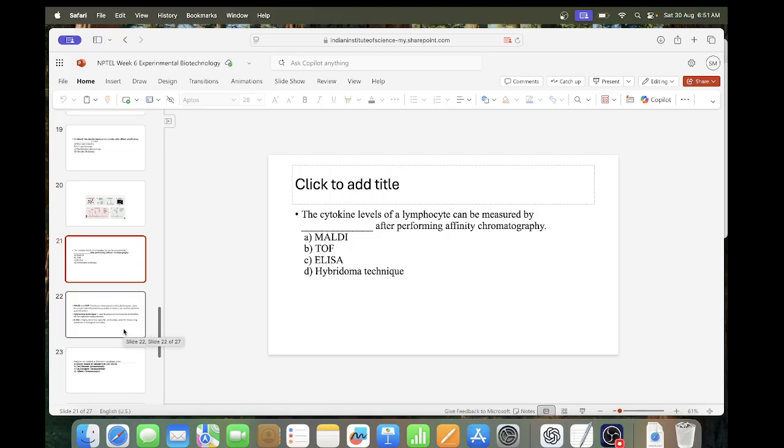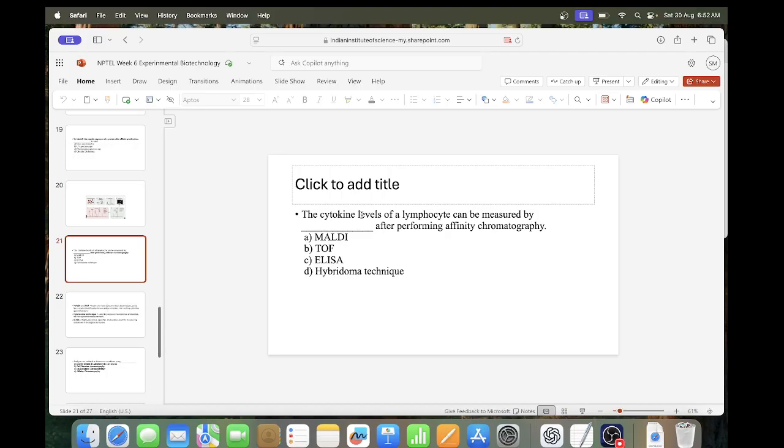Whereas MALDI is expanded as matrix assisted laser desorption ionization. Here we take our macromolecule of interest and embed it on a matrix and hit it with a laser. It's also a part of mass spectrometry. When we hit it with a laser, it ionizes.